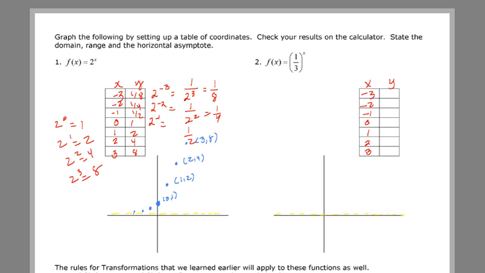Notice these values are getting smaller and smaller and smaller. It's getting close to that asymptote, but it'll never touch it. So when we connect the dots, this is the basic exponential growth shape that we'll see. Approaching the asymptote, and then our points are forming this curve. That's our exponential curve, and that's the growth model.